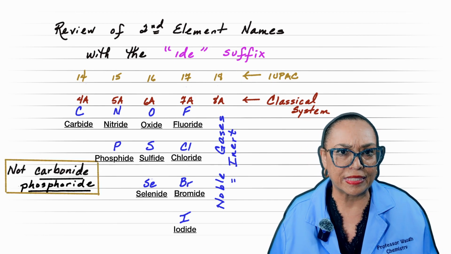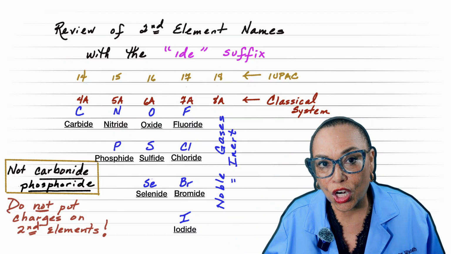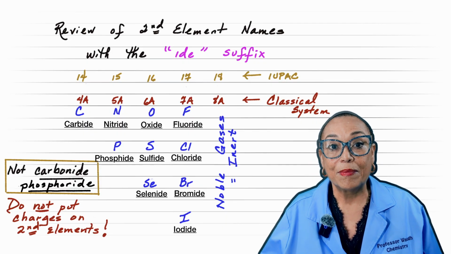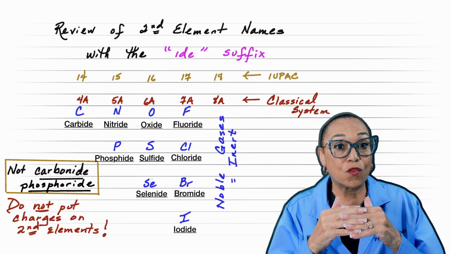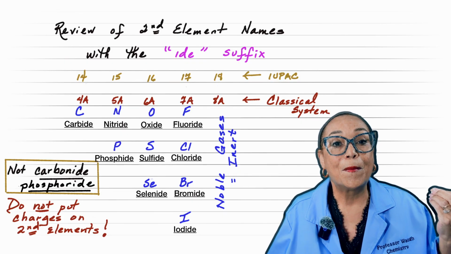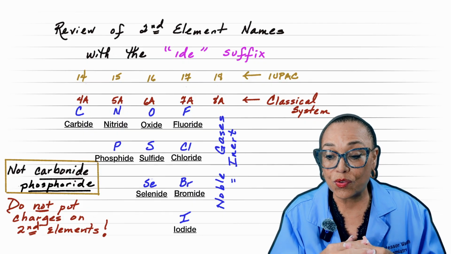I've seen that over the years. Please don't do that. Do not put charges on the second elements or the first elements, because again, this is covalent bonding. We call these covalent compounds molecules. Anytime there are sharing of electrons, it's molecules.